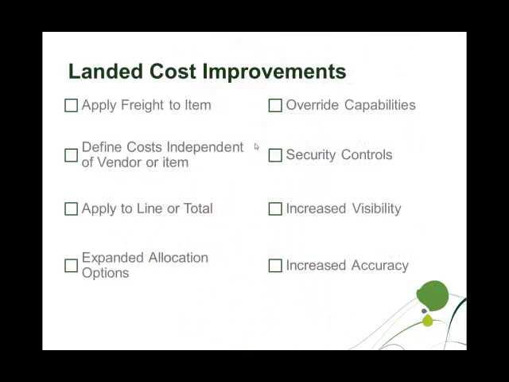With version 7.4, we've added the ability to apply freight to an item, to define costs independent of the vendor or item, to apply landed costs either to an individual line or to the entire total for a receipt of goods. We've expanded allocation options, added override capabilities, improved security controls, increased visibility, and increased the accuracy.